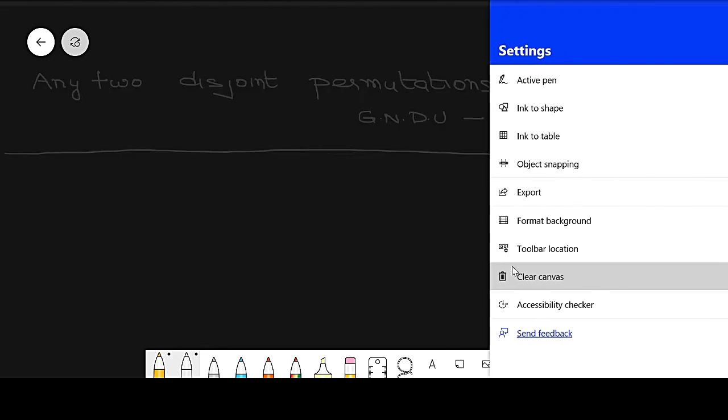So let F and G be any two disjoint permutations.